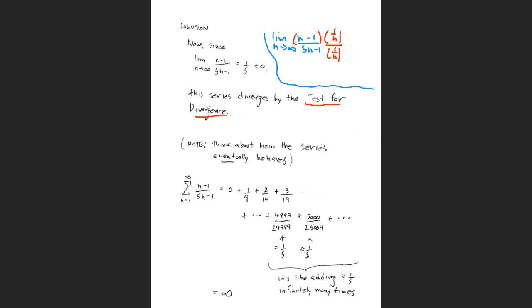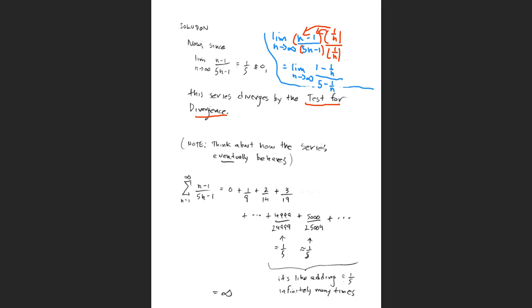And when we do that, we're going to get the limit as n approaches infinity of (1 minus 1 over n) divided by (5 minus 1 over n). So we just distribute the 1 over n to the terms.